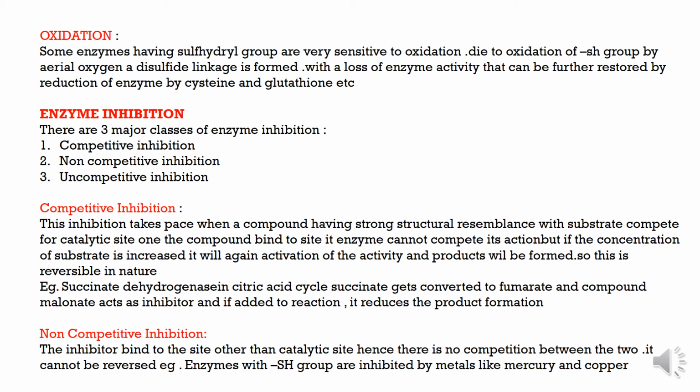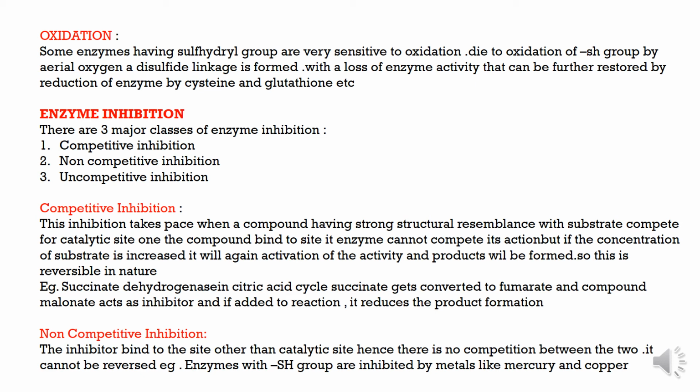Enzyme inhibition. What is enzyme inhibition? It is the inhibition of enzyme action. There are three major classes of enzyme inhibition: competitive, non-competitive and uncompetitive. Competitive means there is competition between substrate and inhibitor.